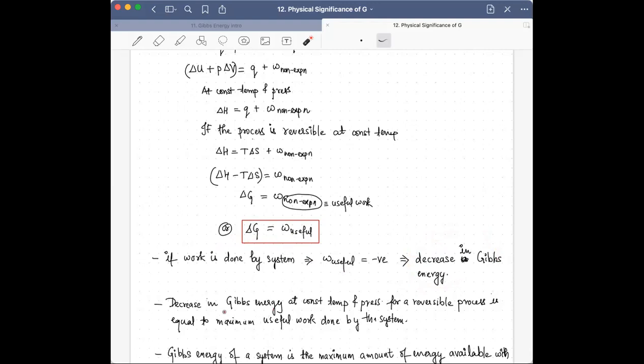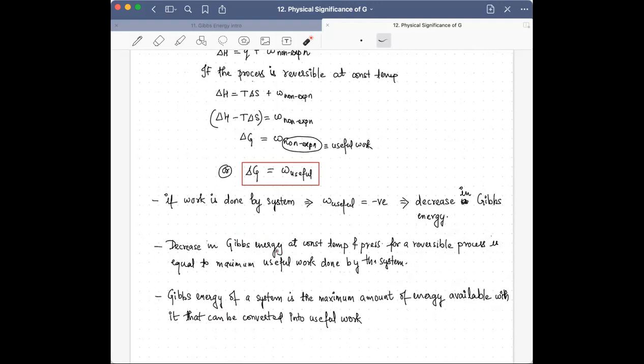Another statement that we can write here is the decrease in Gibbs energy at constant temperature and pressure for a reversible process is equal to the maximum useful work done by the system.